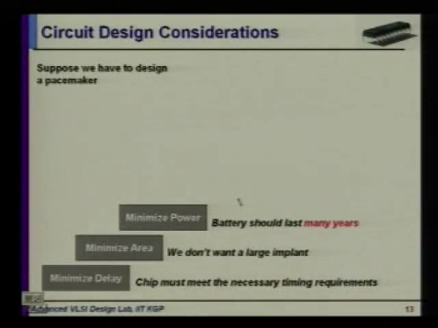Third thing is we want to minimize power. Now, here the power minimization is not because of cooling, but because we want the battery to last as long as possible. We do not want the person to go through that operation every year, right. The problem is that battery technology, though it is also going up, is not able to keep pace with Moore's law.